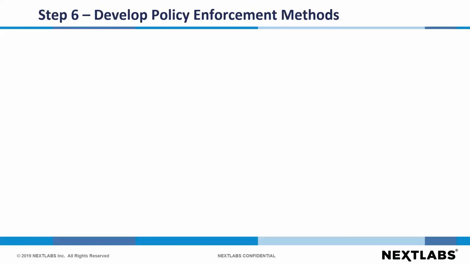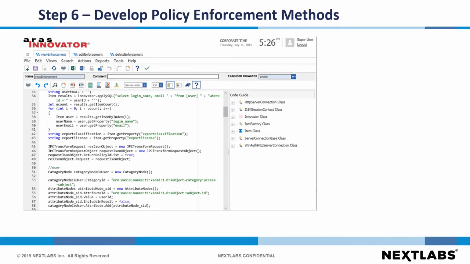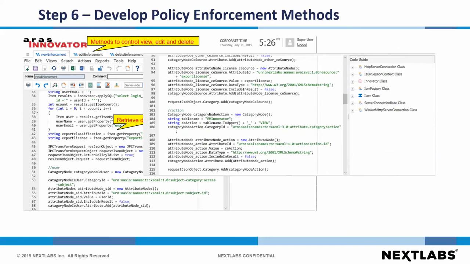The develop policy enforcement methods. In this case, within here, we're going to specify whether it's a view, edit, or delete. So in this case, we have a simple setup to pick the type of control. We can retrieve the specific classification that we're looking for. In this case, we're going to go in and see what we're going to be using as far as an operation.